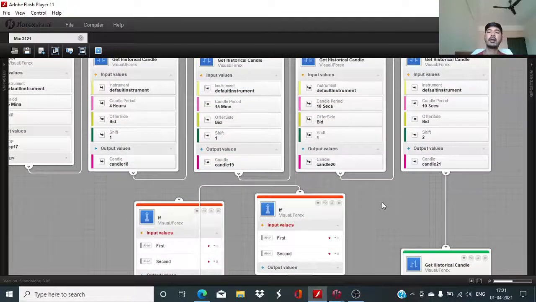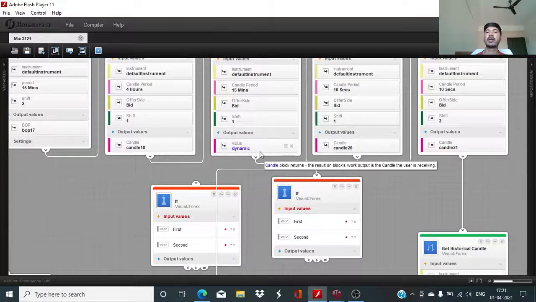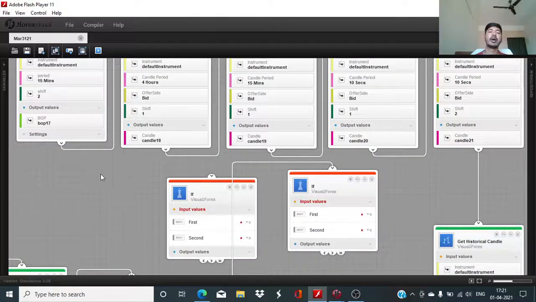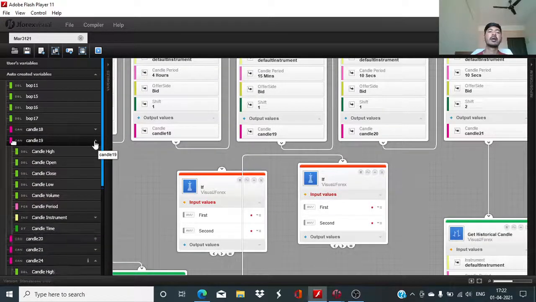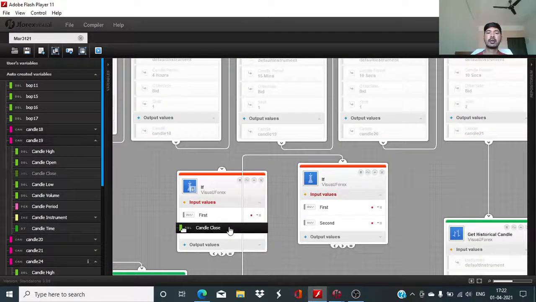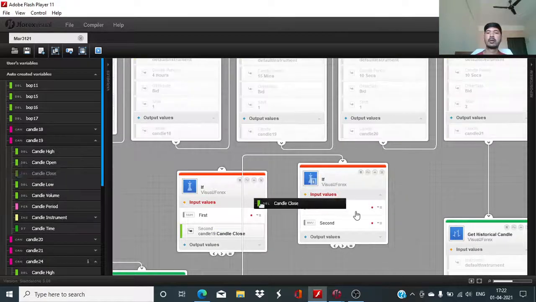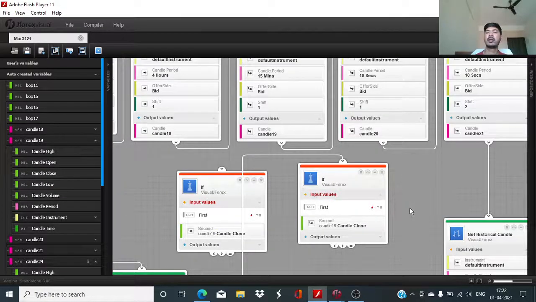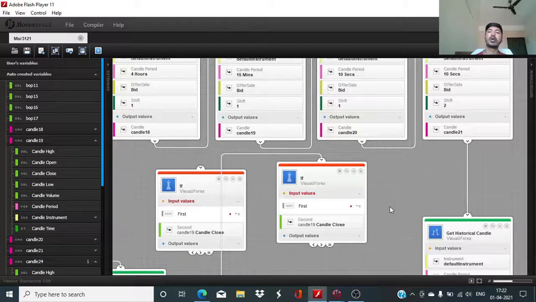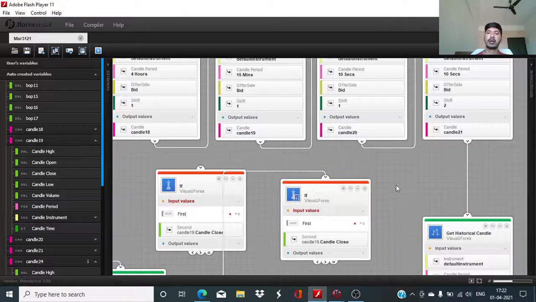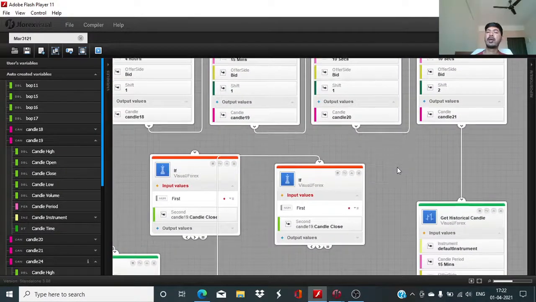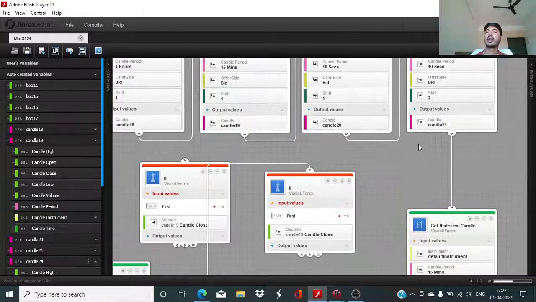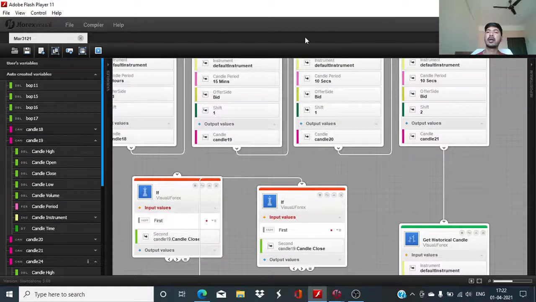And for that we will need to compare the candle 19, candle 20 and candle 21's closing values, and for that I will take candle 19's closing value as the second input in both these blocks, and then I will bring in candle 20 and candle 21, which are 10-second candles.